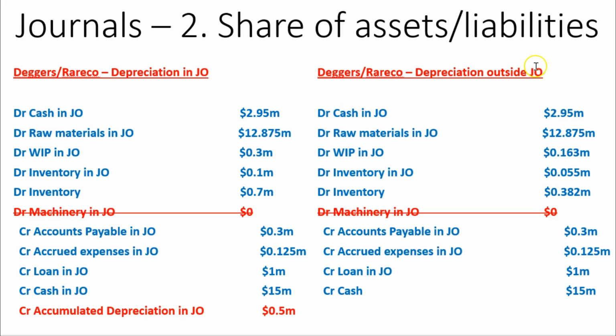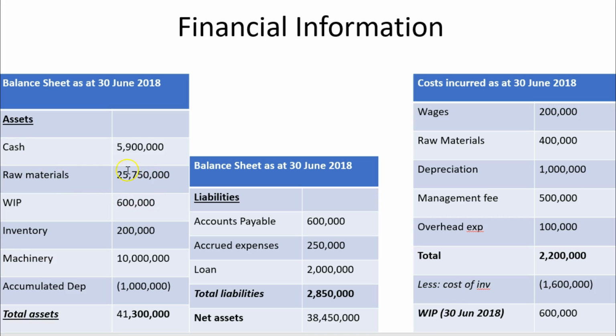If we go look at our entries where depreciation is outside the joint operation, the process is exactly the same. The only difference is that we don't have a credit to accumulated depreciation down here. And so that means that some of our accounts up here will have a slightly reduced balance as well, but that would simply be reflected on the balance sheet.